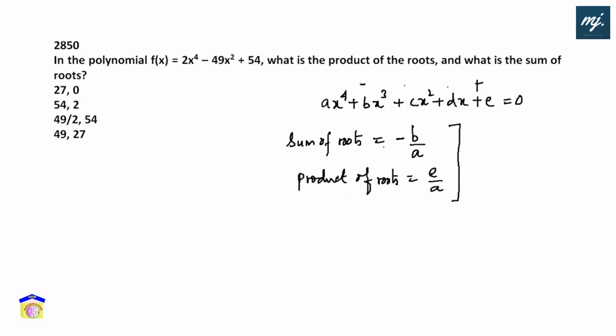Formula to remember. In our case, it is 2x to the power 4 minus 49x square plus 54.